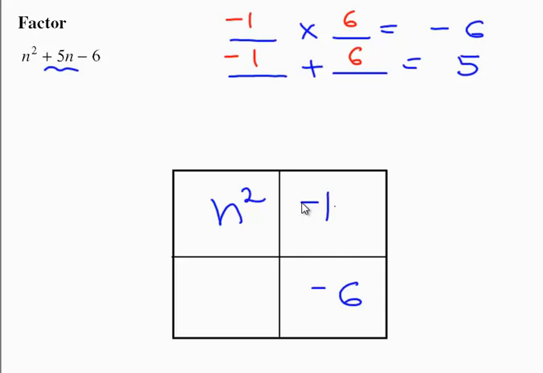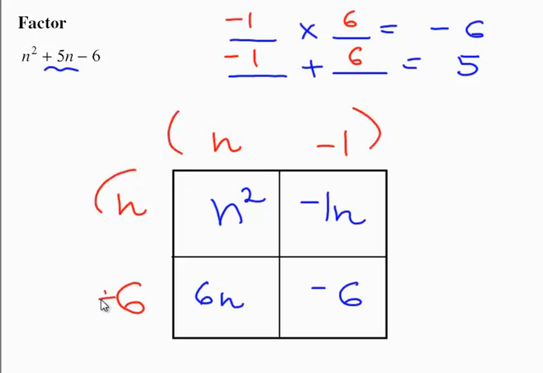So I should have negative 1n and positive 6n. This is n squared, so I know I have to have n times n. I'm going to work backwards. This has to be negative 1, and this came out to be negative 6, which means that this has to be 6. So my area can be expressed in factored form as n plus 6 times n minus 1.